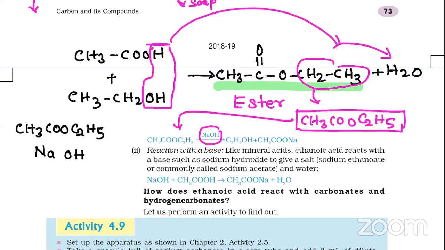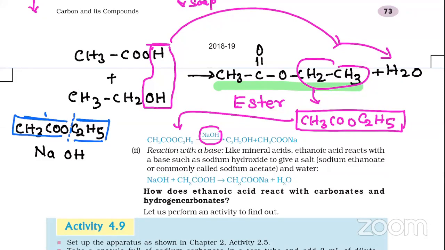So first you try to identify how this compound was formed. You have ethanoic acid and ethyl alcohol. So this is the acid part, and this one is the alcohol part.